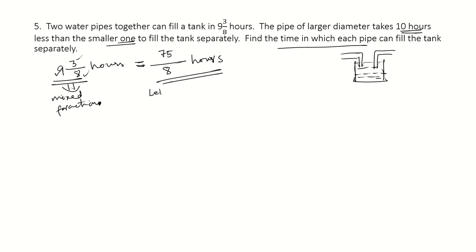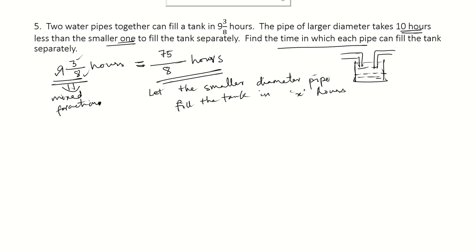So let's suppose the smaller diameter pipe fills the tank in X hours. If it fills in X hours, then it's given the pipe with larger diameter will take a little less hours, right?